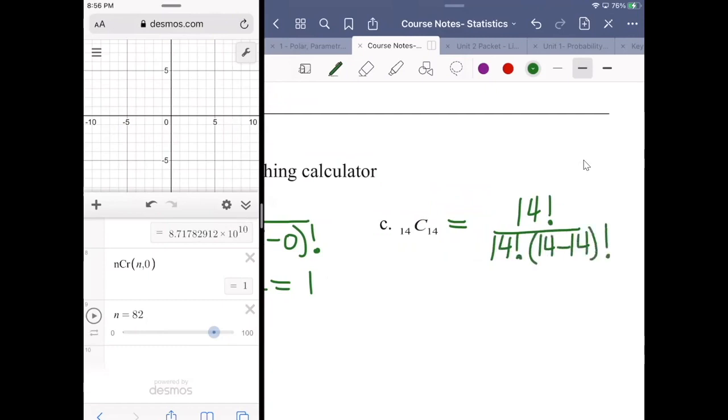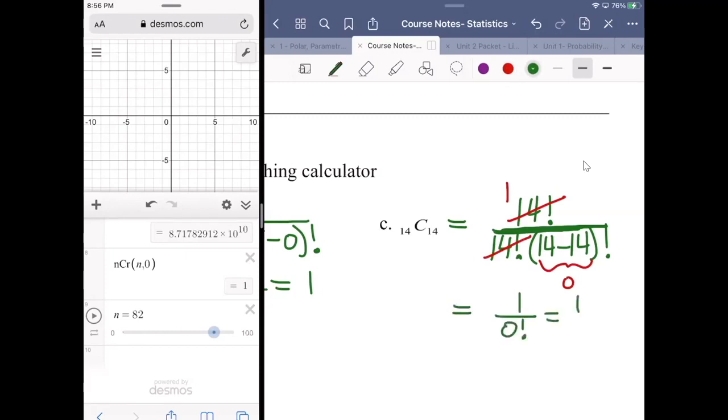So a lot of repetition here. But the computation part of it is really just to support our theoretical understanding. Because 14 divided by 14, anything divided by itself is going to be equal to 1. But then you also have this part here that gives me a 0. So again, we're coming back to that idea of 1 over 0 factorial.